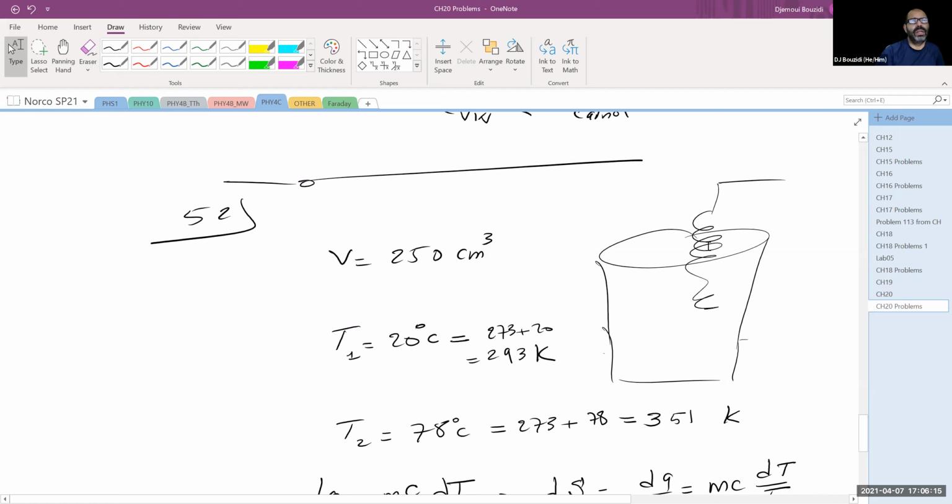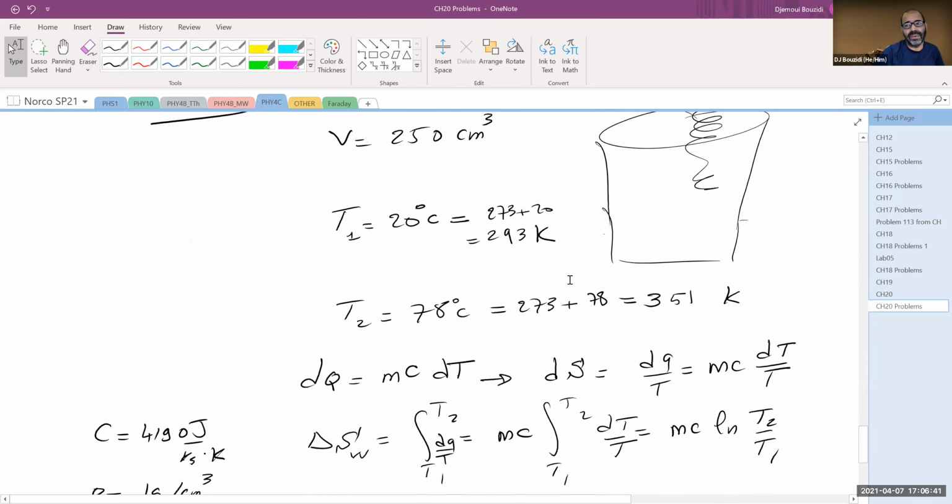Seems like there's no heat in this case because its temperature is not changing, because I tell you specifically in the problem, the temperature of the heating element remains constant. So it's an isothermal process for the heating element. But it doesn't mean that there is no heat exchange.